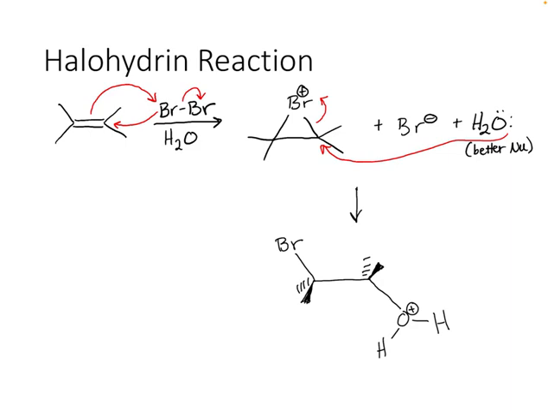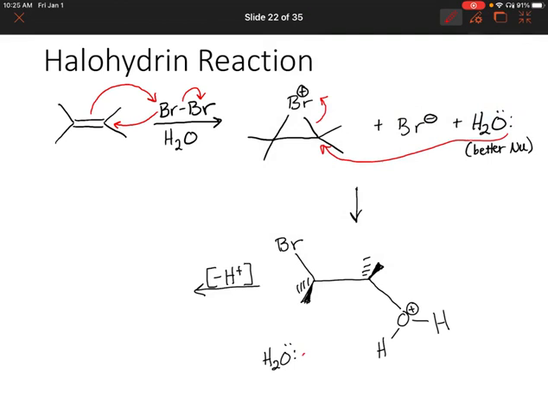All right, so then in the last step, we have to deprotonate the oxygen to make it neutral. So again, there's two different ways you can show this. You could show a water molecule coming in and grabbing one of those protons, or you can just write minus H plus in brackets. All right. And I'll also draw the water molecule here coming in and deprotonating the oxygen, just so you're aware of what's going on.